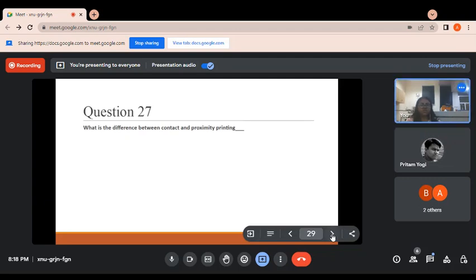What is the difference between proximity and projection? Proximity is already developed, but in projection I think we use lenses from some distance to magnify or improve resolution. Yes.